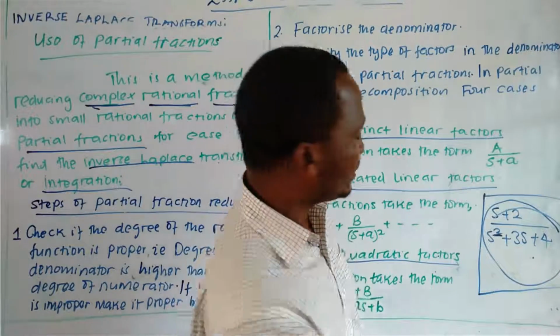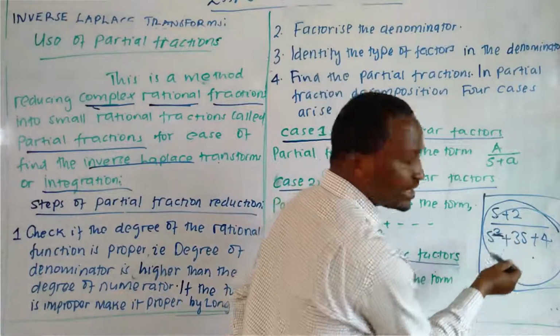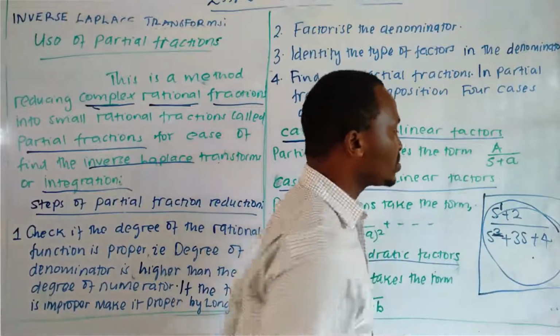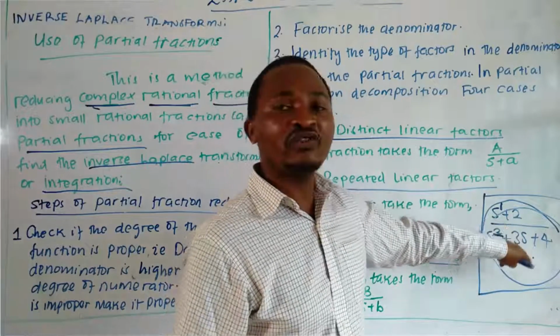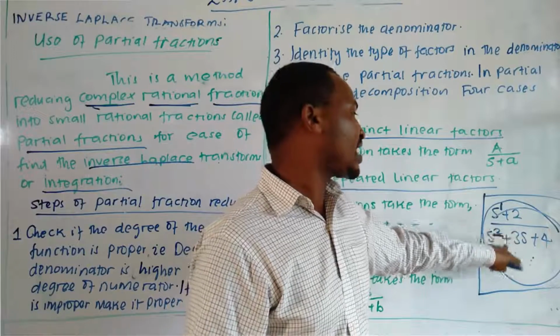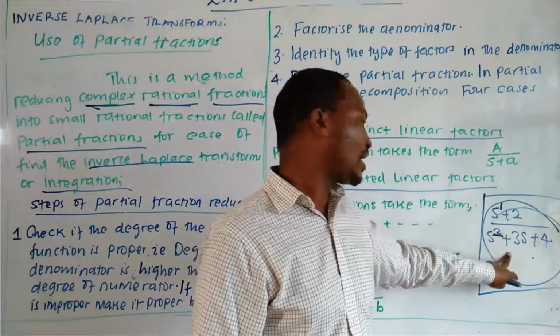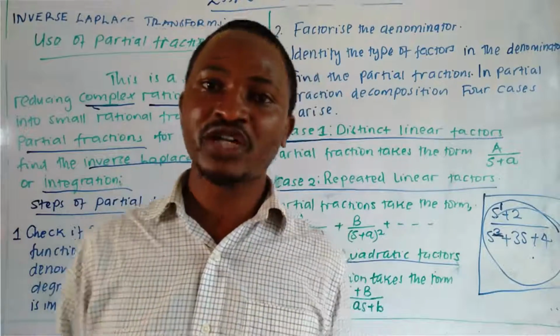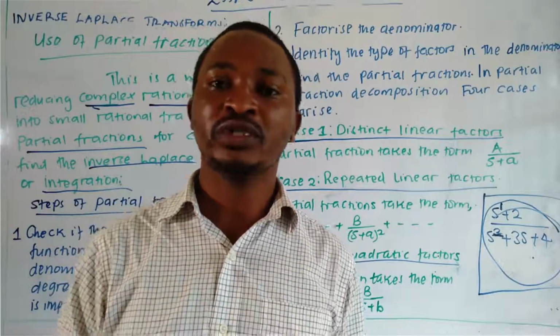Here, the degree is 2. Here, the degree is 1. So this rational function is proper, and therefore we can go ahead and apply the partial fraction decomposition method.